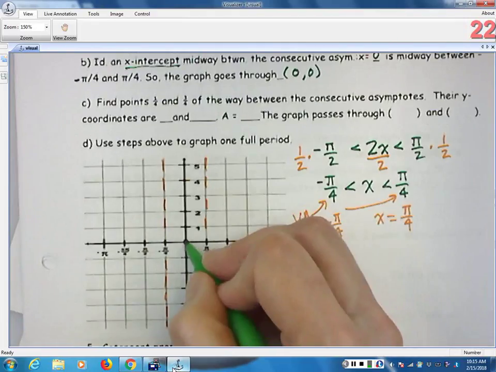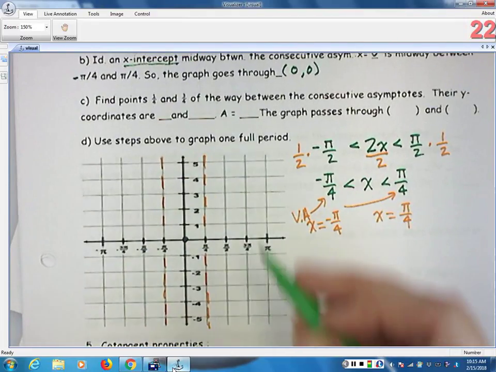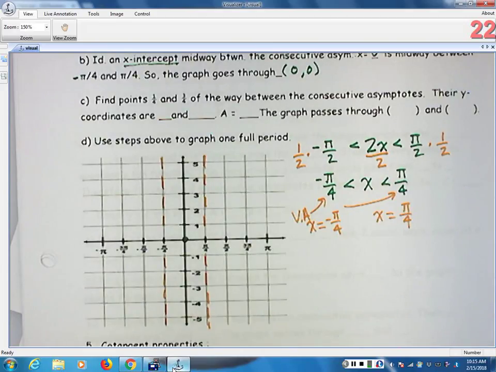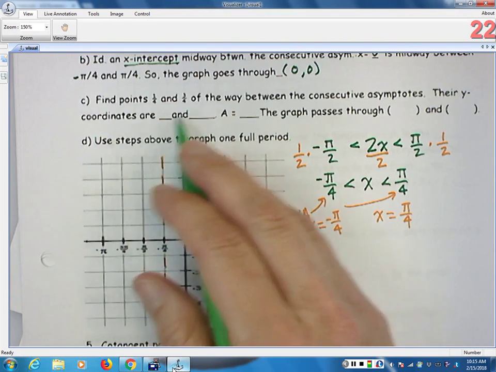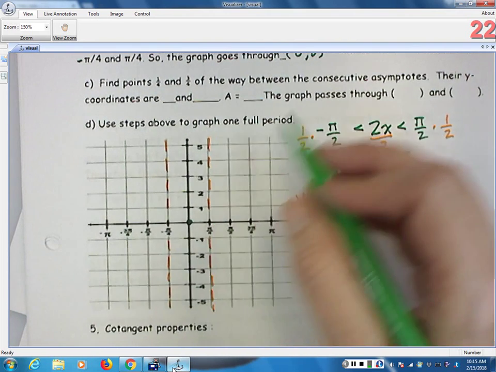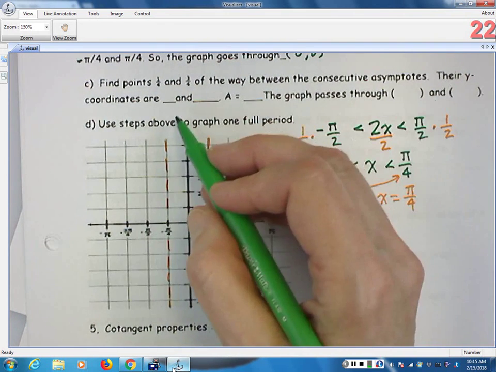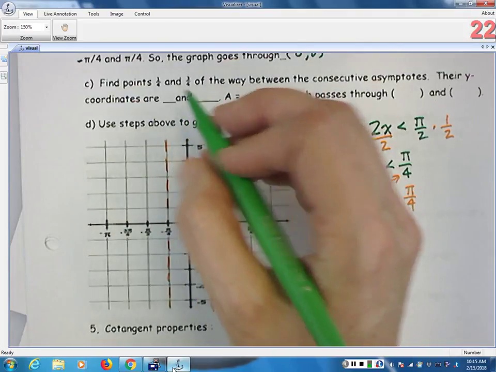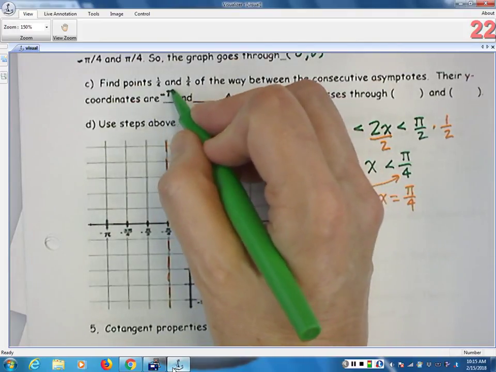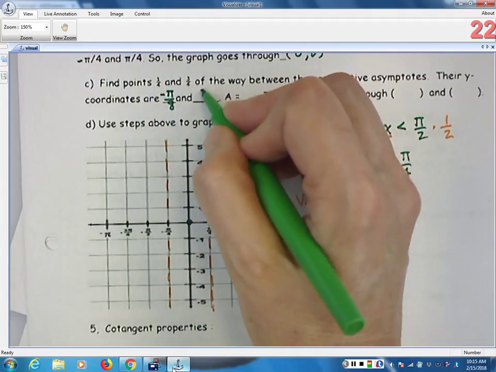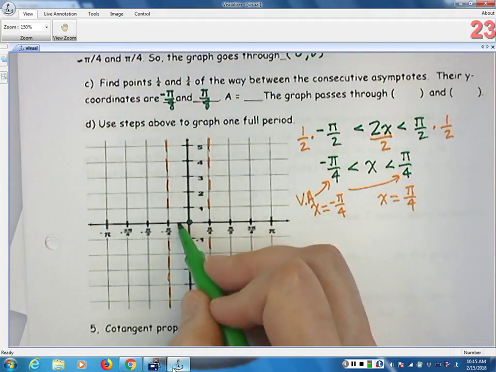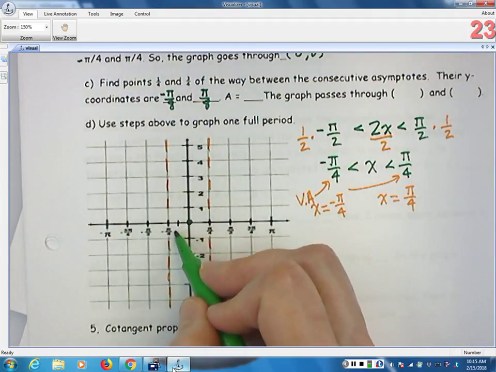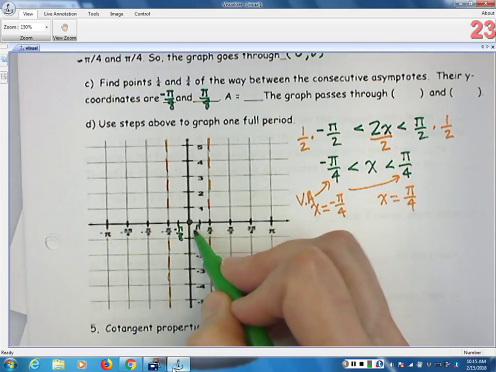Now you're going to find points 1/4 and 3/4 of the way, at minus pi over 8 and pi over 8, just halfway between 0 and the asymptotes.